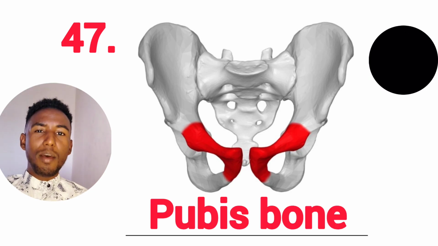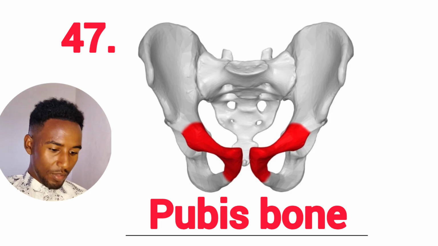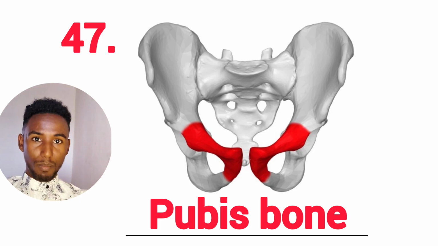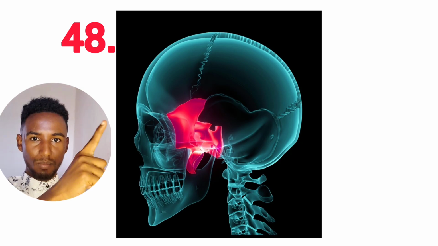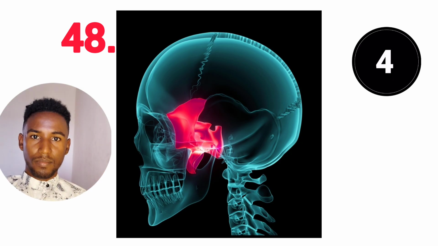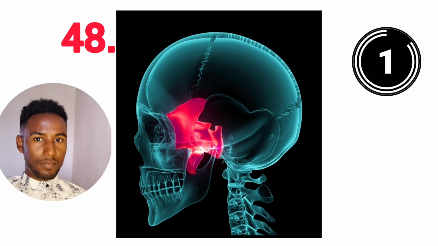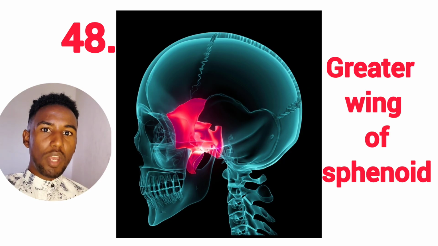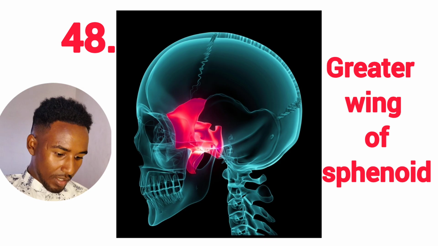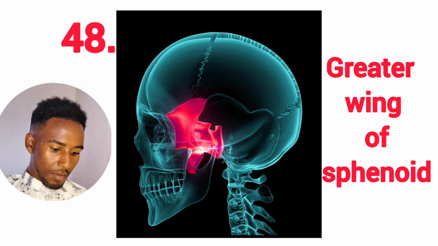It is the pubis bone. The pubis bone is the anterior part of the hip bone. Number 48. Can you name this bone? It is the greater wing of the sphenoid. It contributes to the middle cranial fossa.